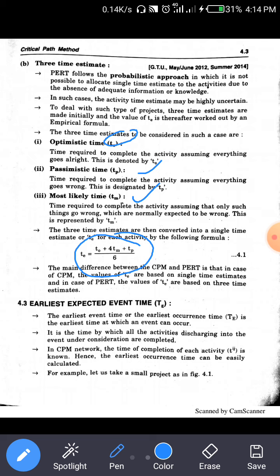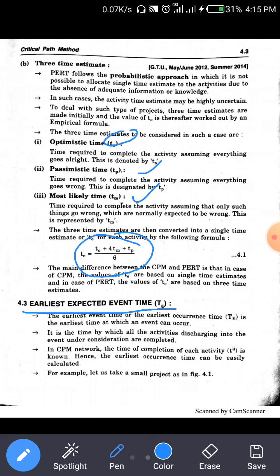Now the next important point is the earliest expected event time, TE. The earliest event time, or earliest occurrence time, TE, is the earliest time at which the event can occur.